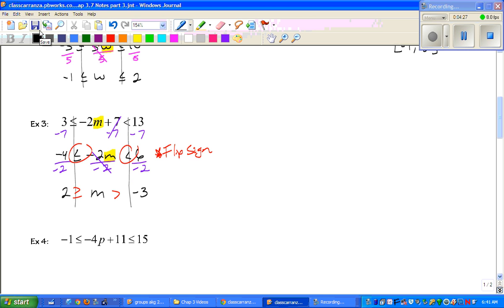So when we write that in proper interval notation, you always want the lowest number first. So that's negative 3 is less than m less than or equal to 2. So the set notation: m such that negative 3 is less than m less than or equal to 2.